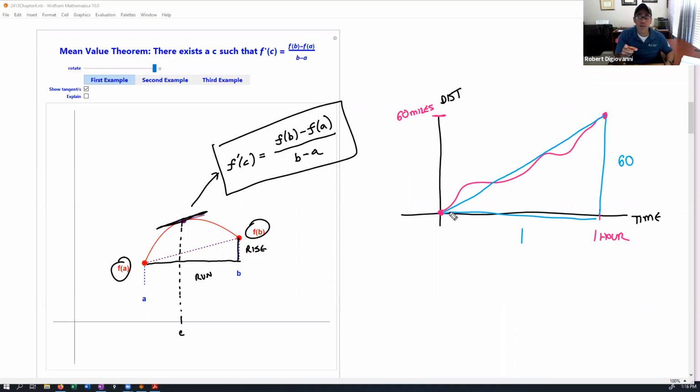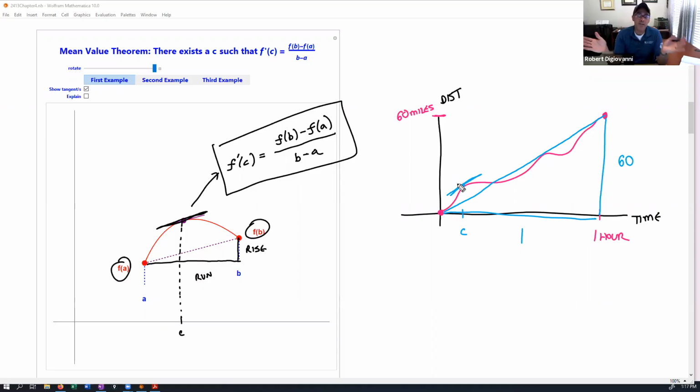What the mean value theorem says is somewhere in here, at some C, you have to be parallel to that line, which means what? At some point in your trip, you had to be going the average speed.